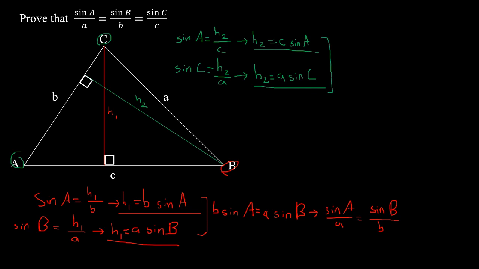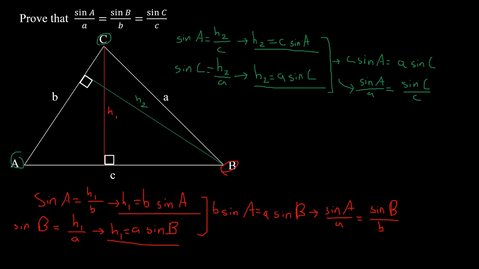So therefore, we know that c sine A is equal to a sine C. And we can divide both sides by little a and little c to get that sine A over little a equals sine C over little c.